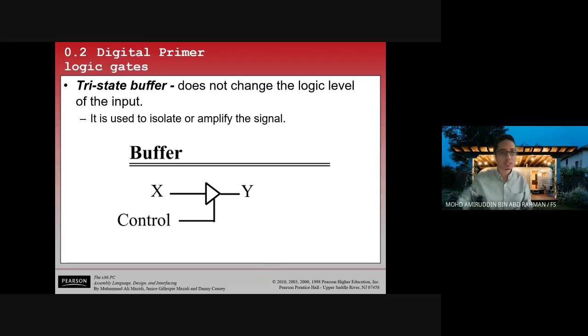This is the symbol of a buffer. Say X goes to Y, it won't change the logic. But maybe X is 3 volts, and when it goes through the buffer, Y is increased up to 5 volts. That is the function of the buffer.